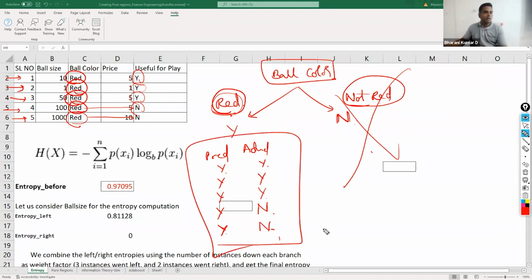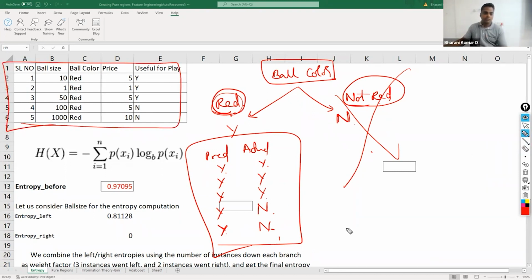So here you calculate your entropy after. Entropy after means you choose everything now. Once again, you choose everything, because there's no left and right.